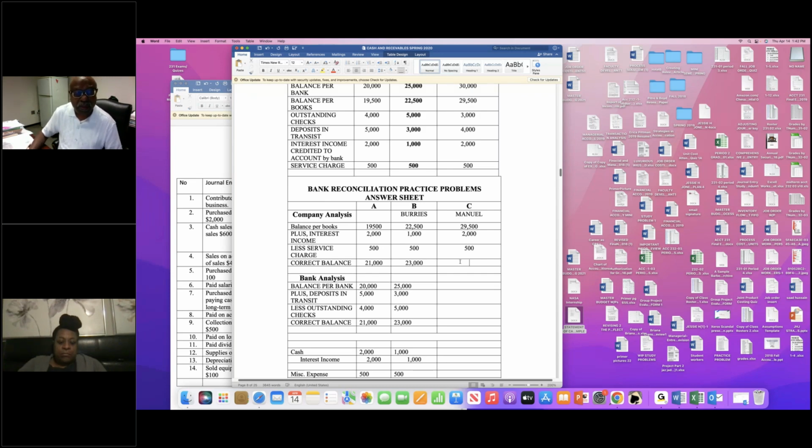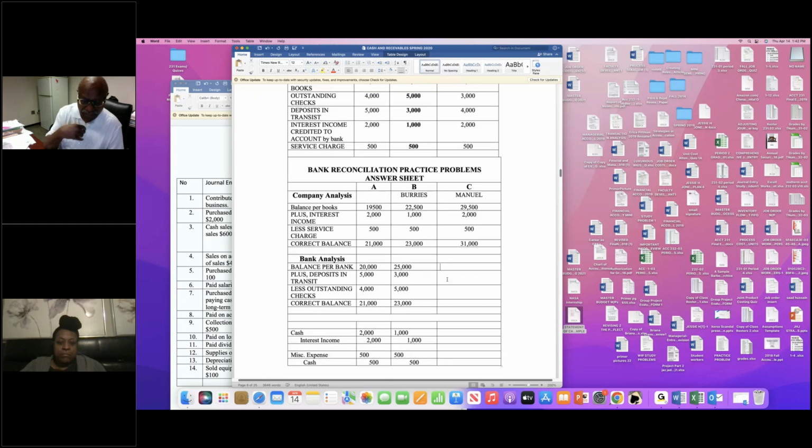For the bank analysis, my balance is 30,000 plus the deposits in transit is 4,000. Less outstanding checks is $3,000, and then the correct balance for that is 31,000 as well.